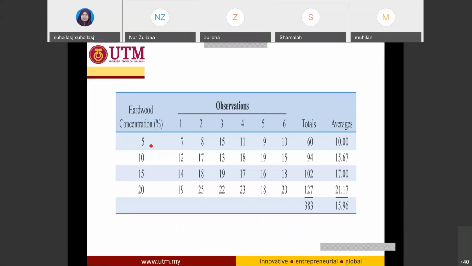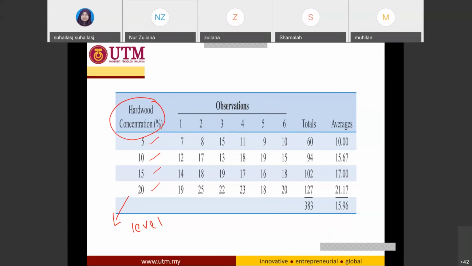So this is your level, and this is your factor. The factor we want to study is just one factor, which is hardwood concentration under 4 levels. Then we take observations, and you have 6 observations in this case.